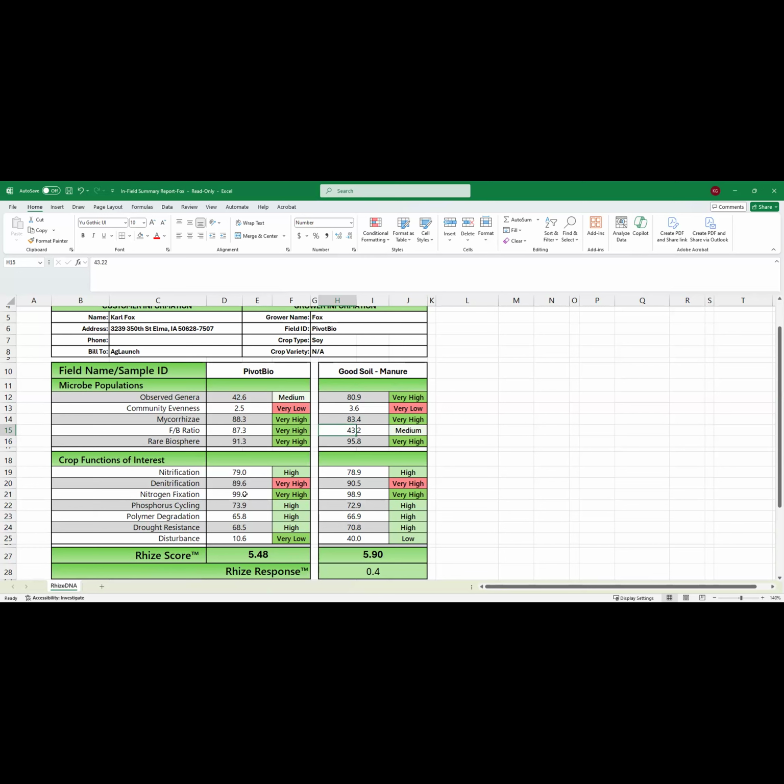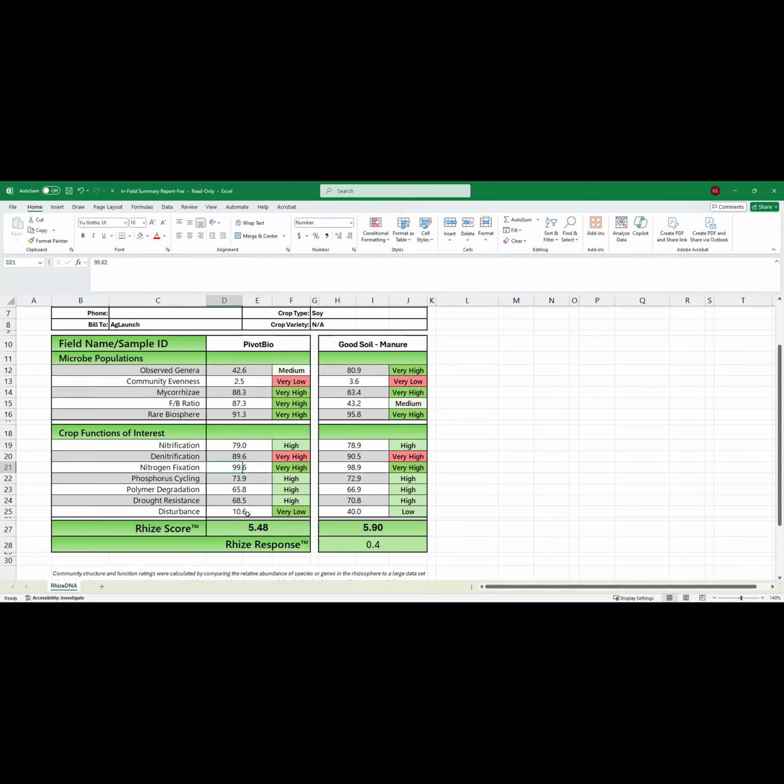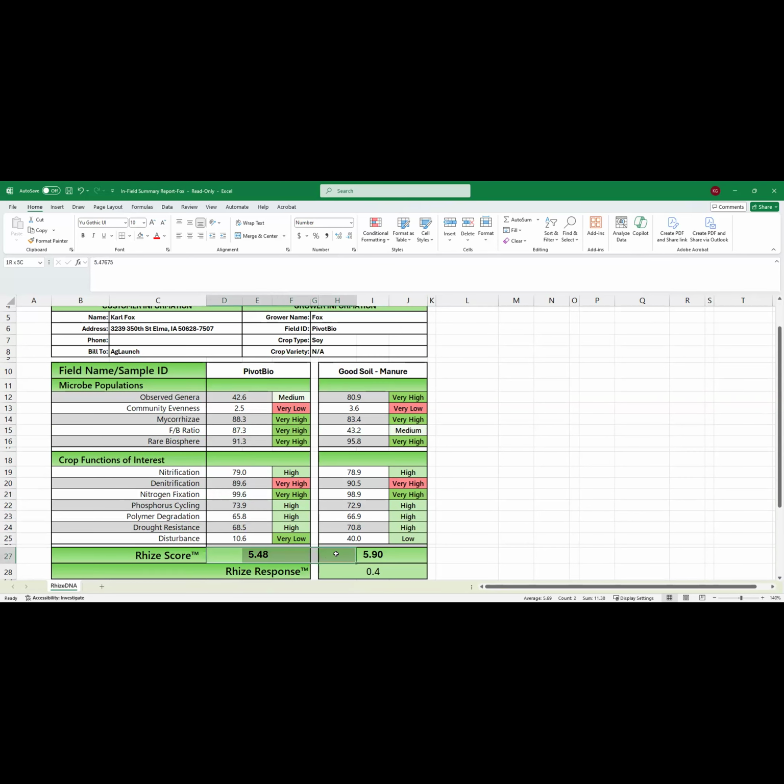But you also see some good stuff, as you would hope from Pivot Bio: nitrogen fixation is off the charts here. Both have really good scores overall, 5.5 and 5.9. Josh, did you have anything else that you see there?